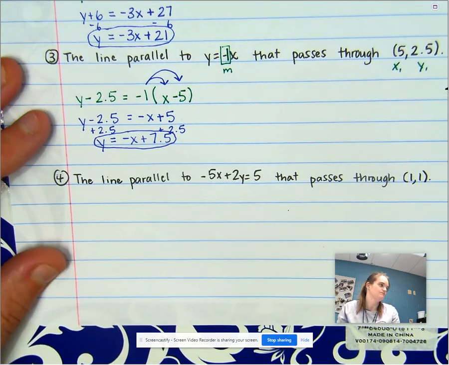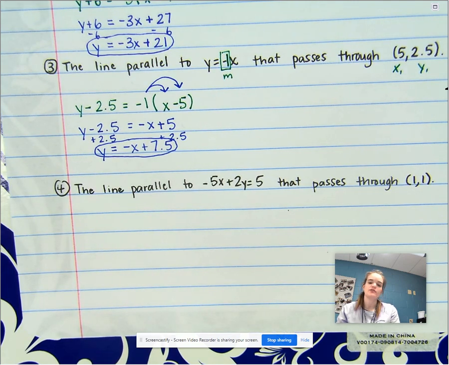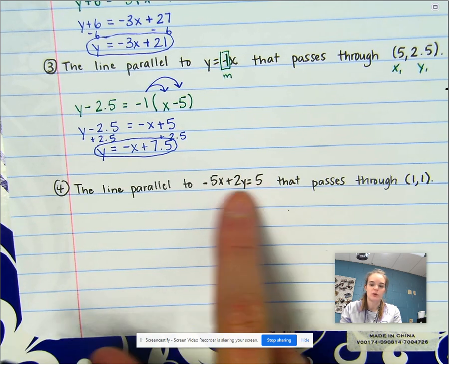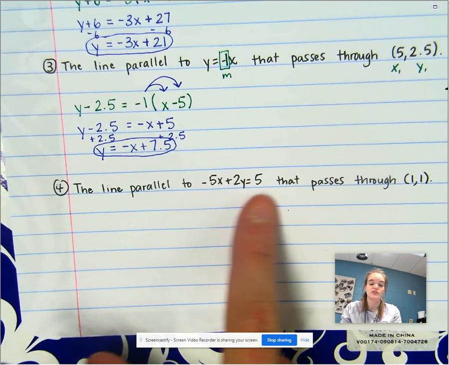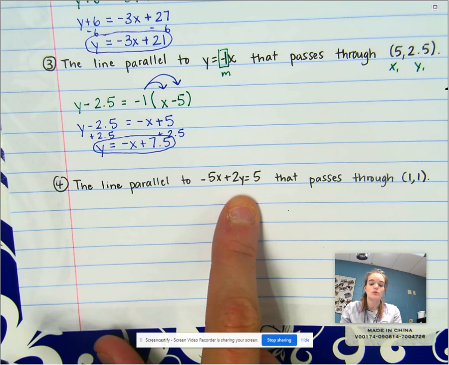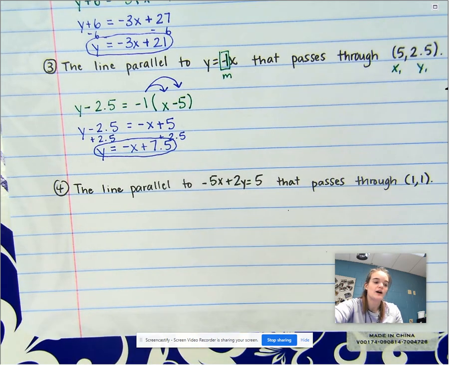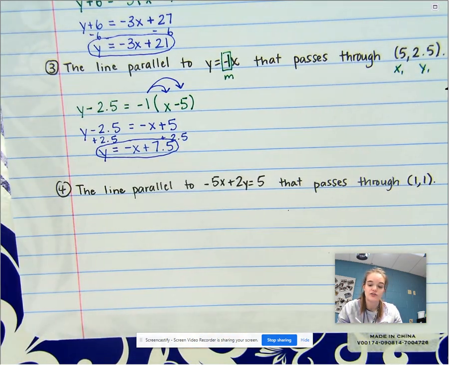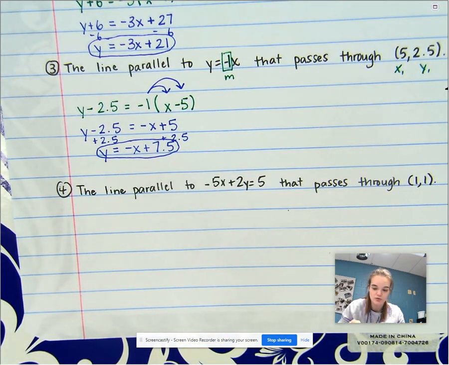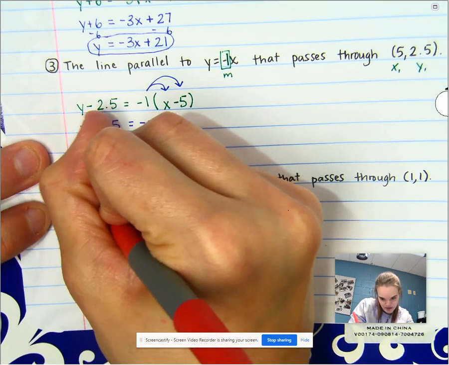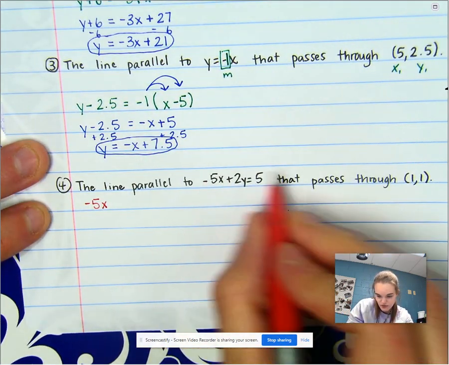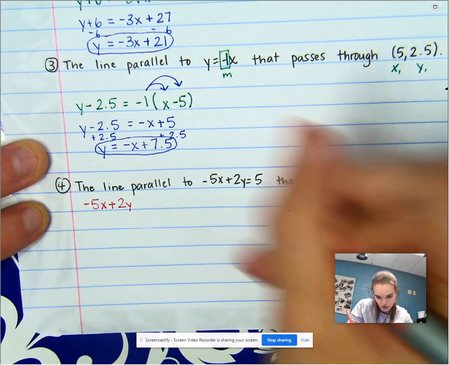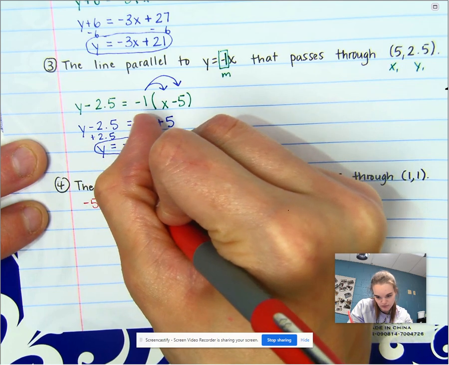I have a problem with this one. Here's my problem. Every single one of these has said the line parallel to some line that's in y equals mx plus b form. This is not. This is in standard form, which means I don't know what the slope is. To find the slope, before I can do this, I have to solve this for y. So I'm going to write this over here. So if it is written in a way like this, where y is not by itself, I have to get y by itself first before I can do the rest of the problem.